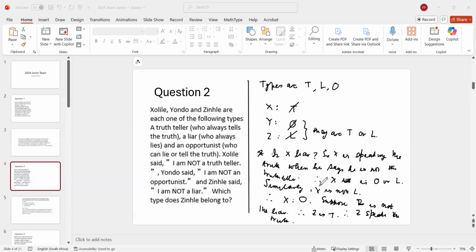It's very tricky, these logical problems. So they say, which type does Zinschler belong to? And I came to the conclusion that he belongs to the T group.